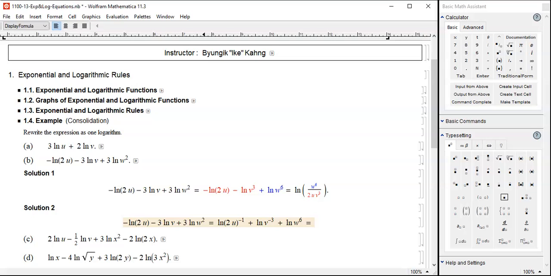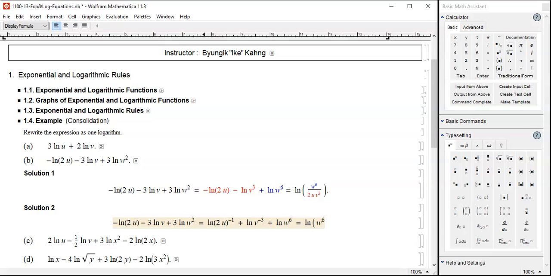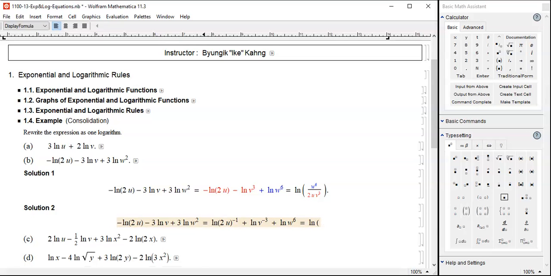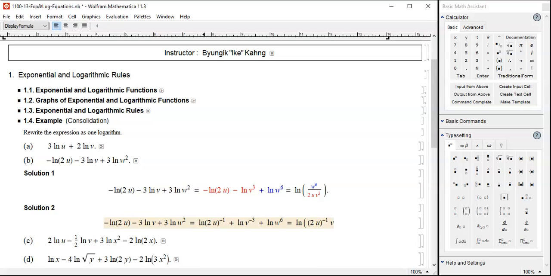So what do we have? We simply have all the addition. So we can simply multiply all those. So natural log of, let's just start from the left hand side, 2u to the negative 1st power, v to the negative 3rd power, w to the 6th power.